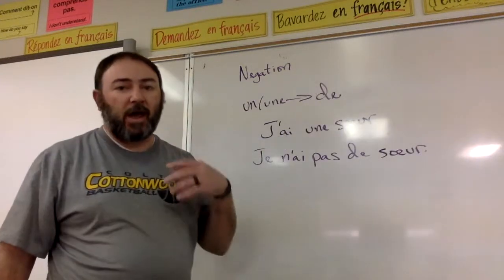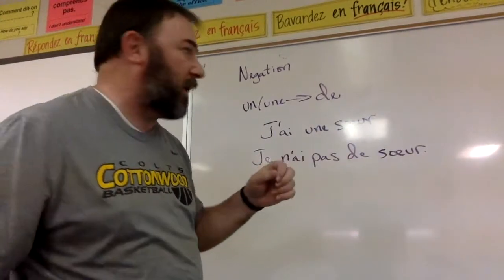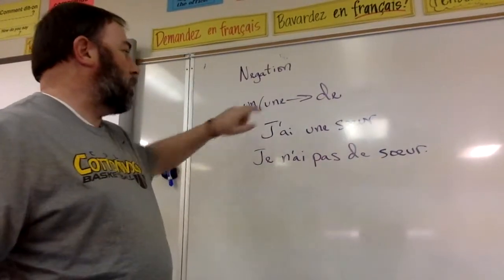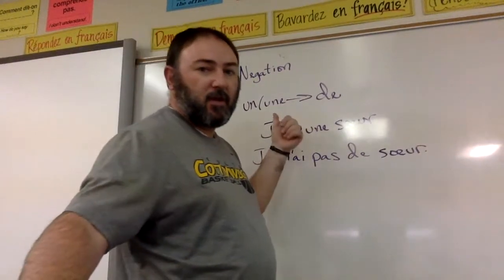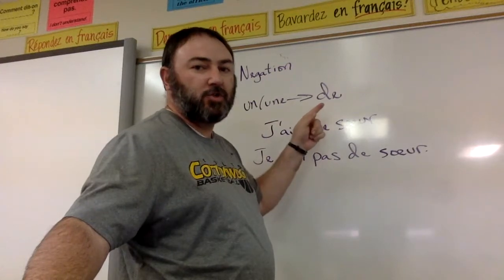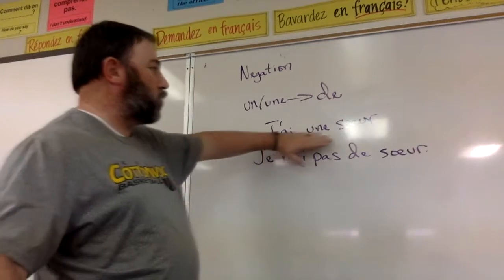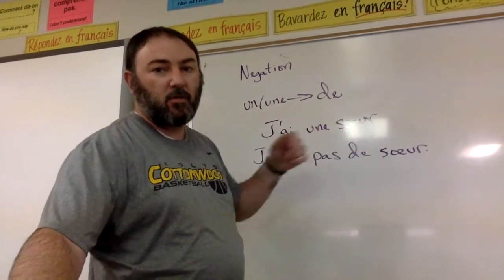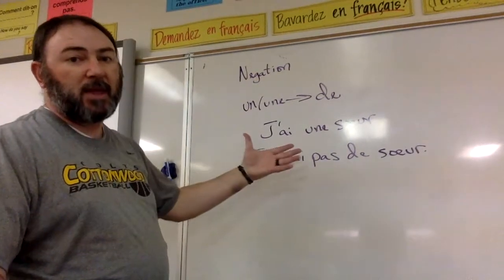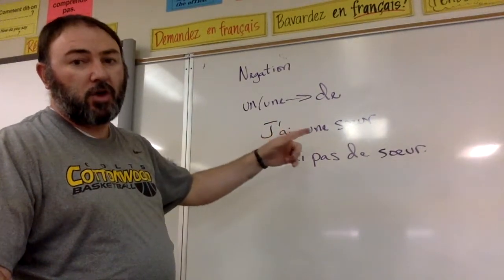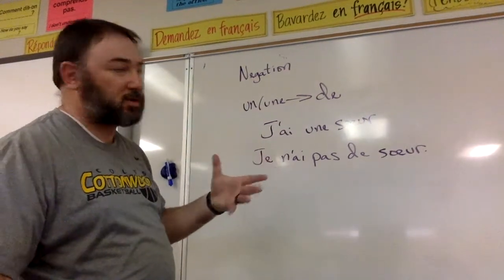So I just mentioned how un or une changes to de when you're making a negative. So let's talk about that right now. If you've got un or une in a sentence and you make the sentence negative, this un or une needs to change to de. An example here, sentence: j'ai une sœur. I have one sister, or I have a sister. If you're going to make it negative, your une is going to change to de. That's just the way that it works.